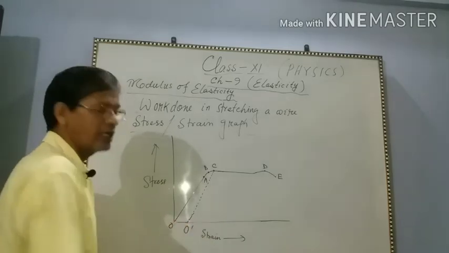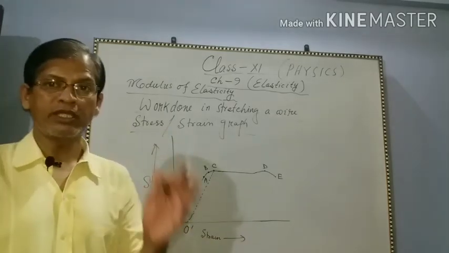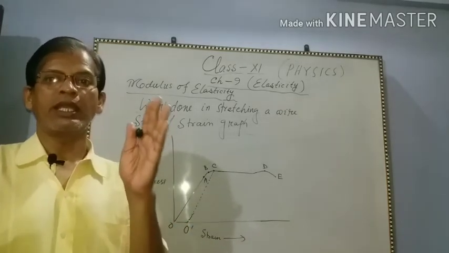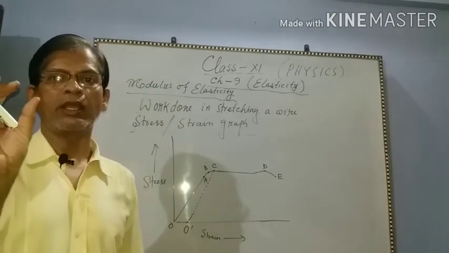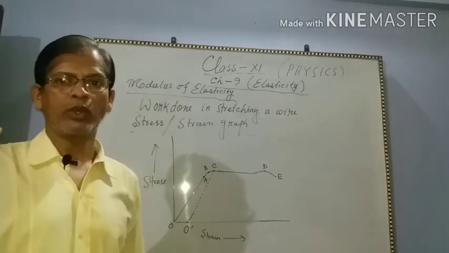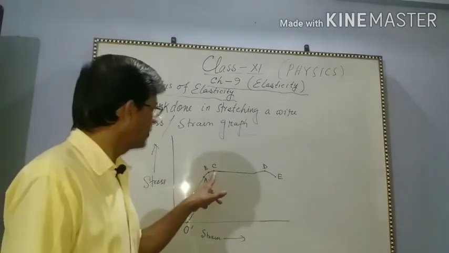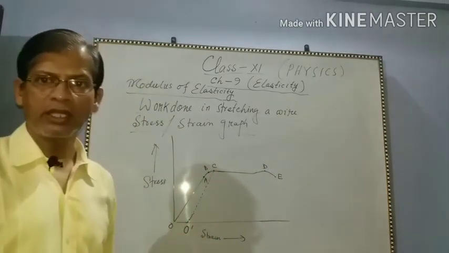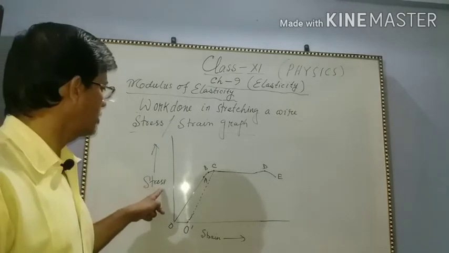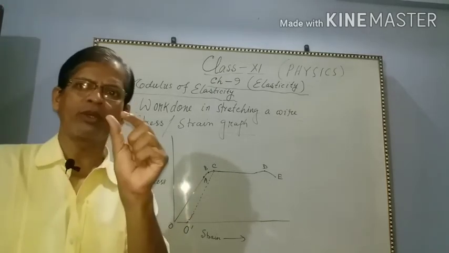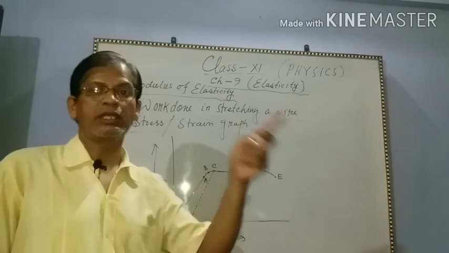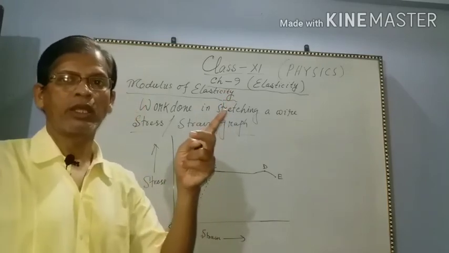This is the permanent set. That means the wire is extended a small amount, extended permanently. And after point C, if the stress is increased a very small amount, the strain increases a large amount.